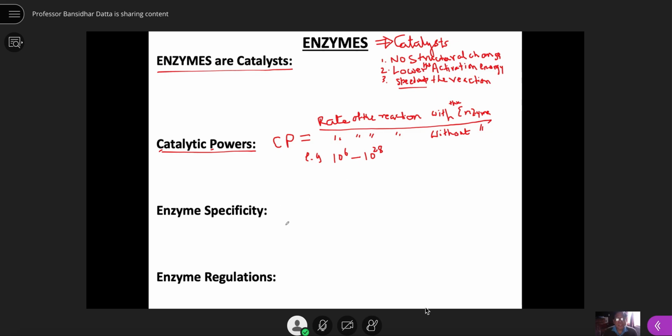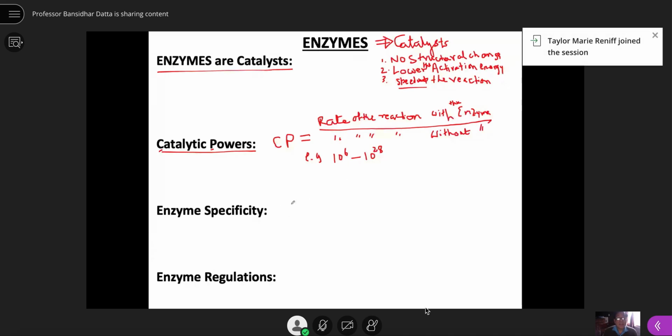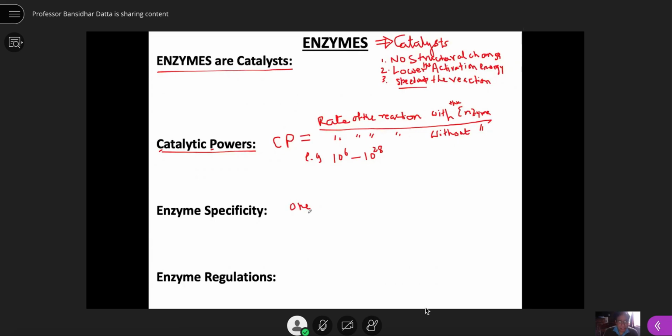Enzymes also have a specificity, meaning one enzyme binds only one substrate, one type of substrate.